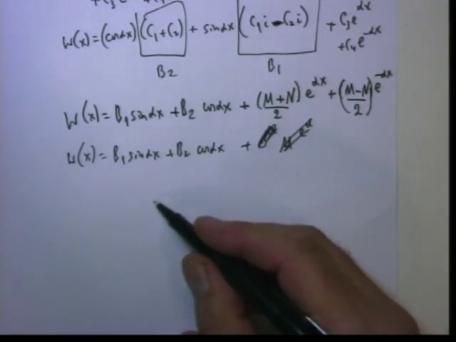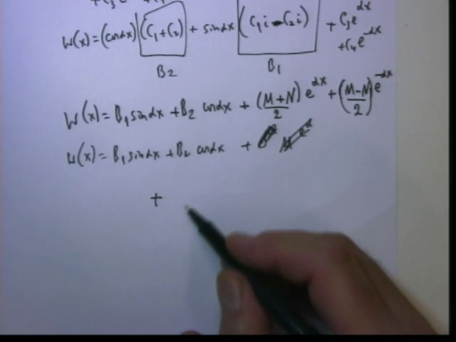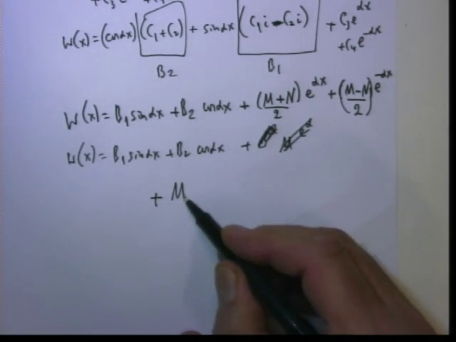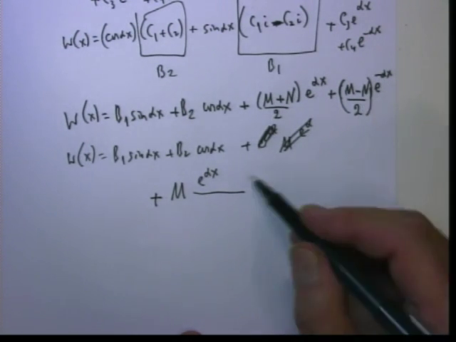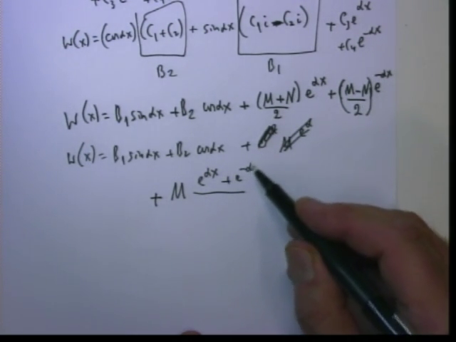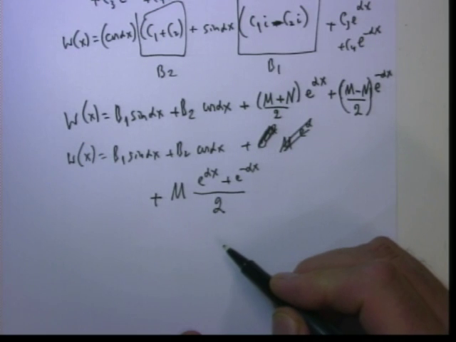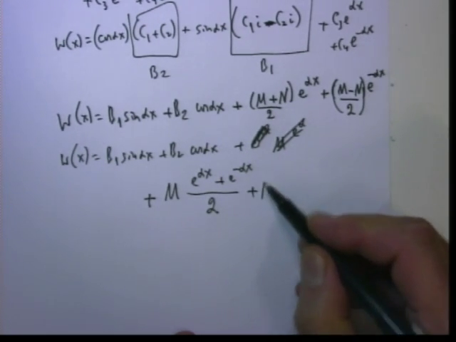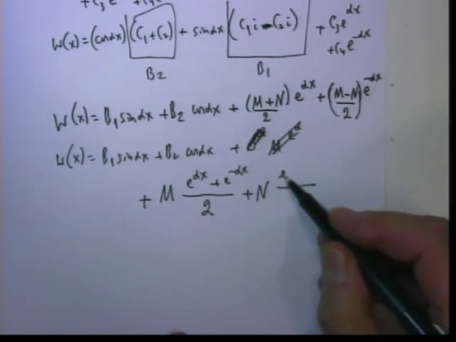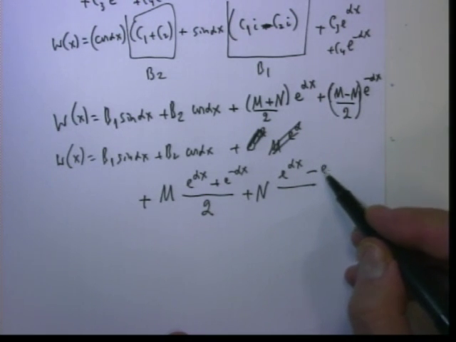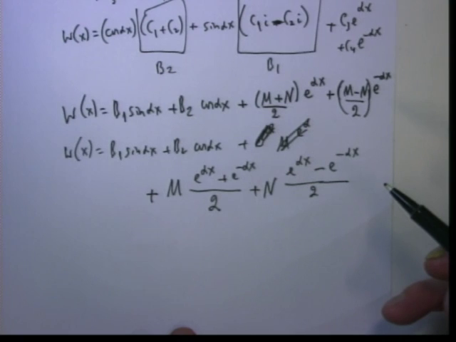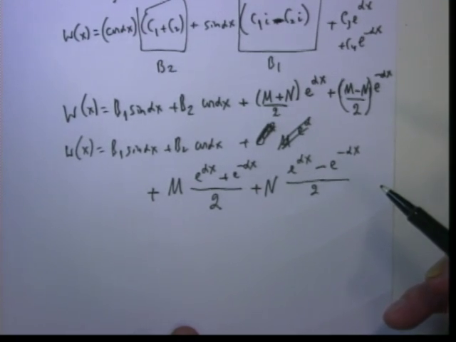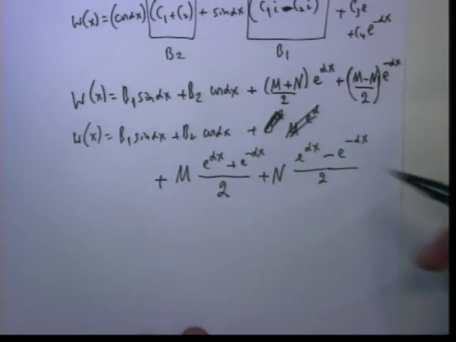Okay, so I'm getting plus m, then we get e to the power alpha x plus e to the power minus alpha x divided by 2. Then plus n, e to the power alpha x minus e to the power minus alpha x divided by 2. Okay.